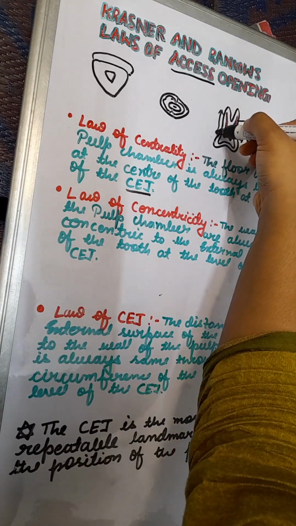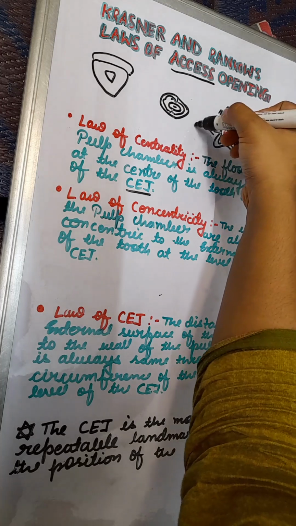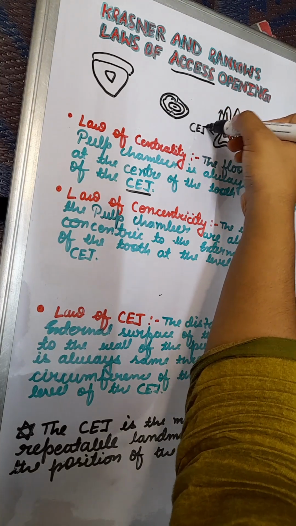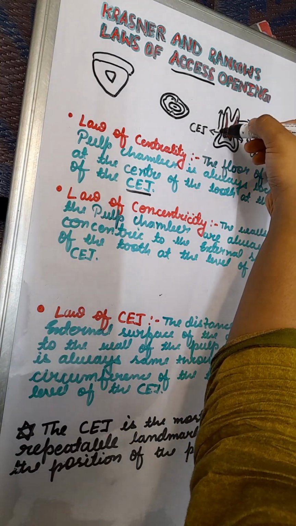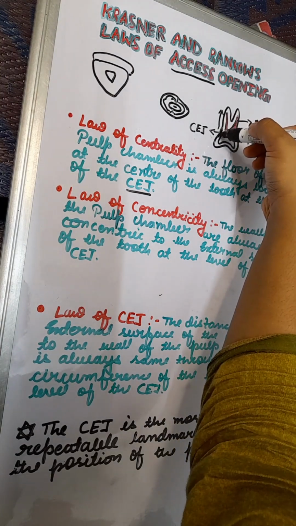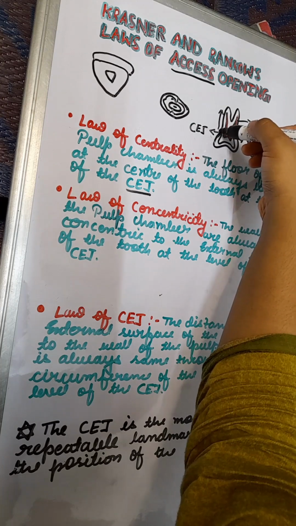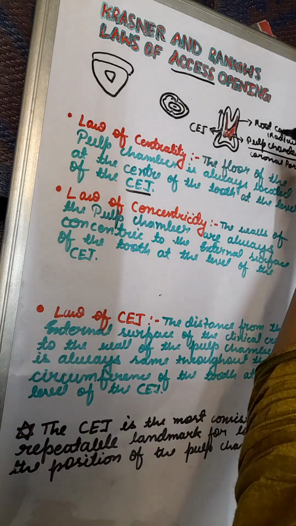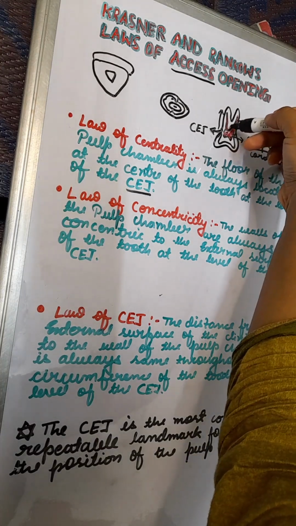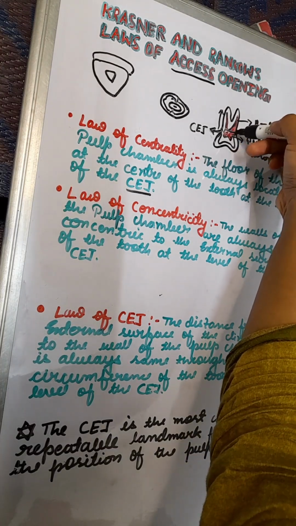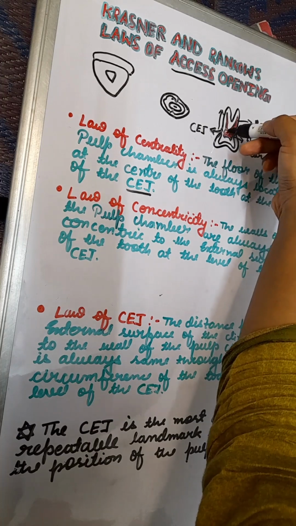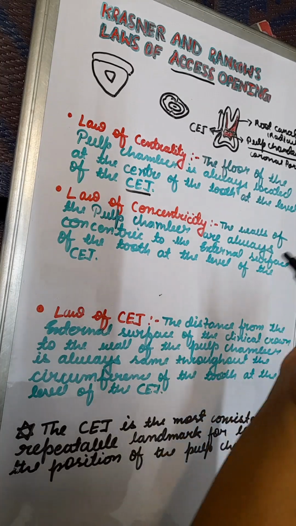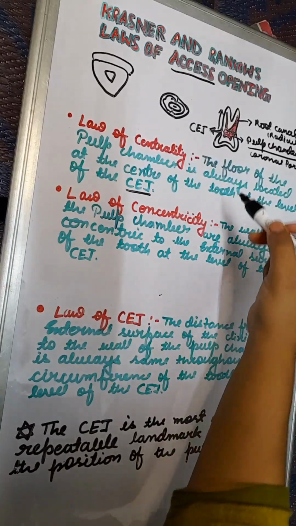This is the CEJ, that is the junction of the cementum and enamel, the portion where cementum and enamel meet. This is the floor of the pulp chamber, and this is the roof of the pulp chamber. So, the floor of the pulp chamber is always located at the center of the tooth.